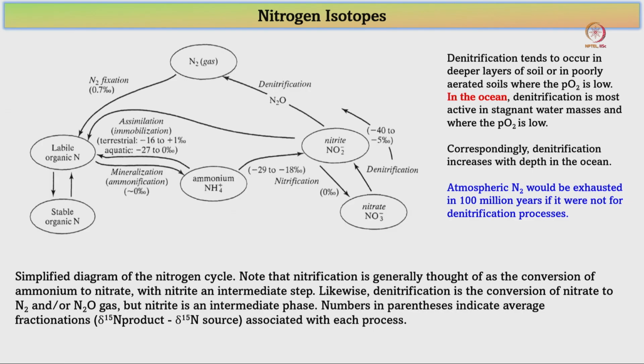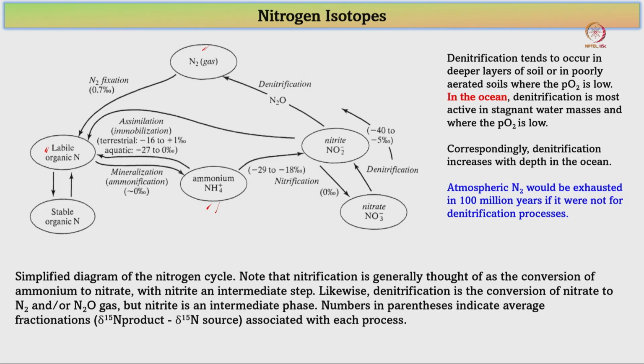Let us say the nitrogen cycle itself. So, we have nitrogen gas that gets fixed. So, there is a labile organic nitrogen. From the labile organic, a certain proportion gets into the stable form. It is there in the stable biomass, while the labile organic is there in the soil. It's ready for uptake, but not yet taken up. Through different bacteria, that can again get converted into ammonium, through ammonification.